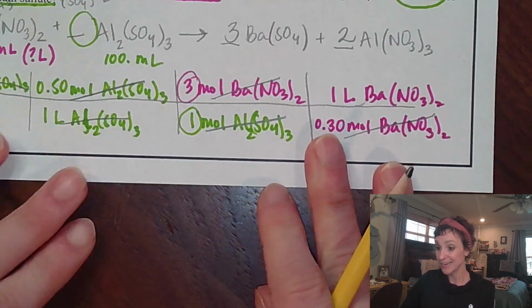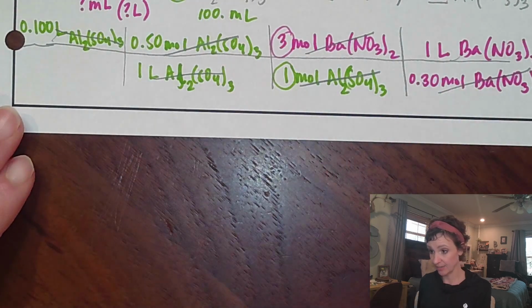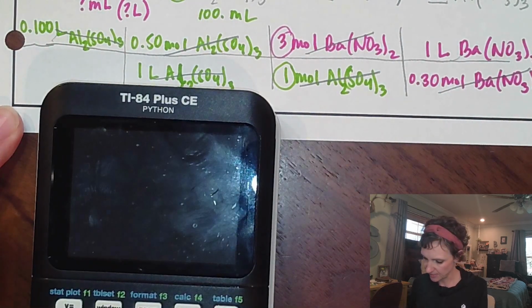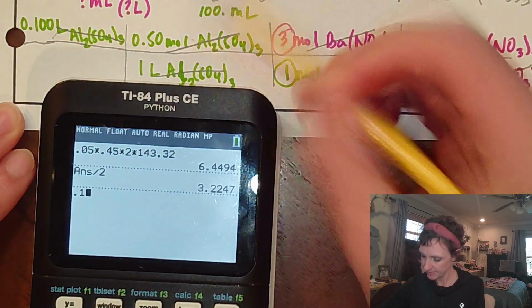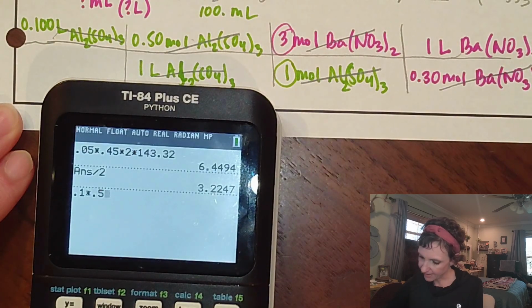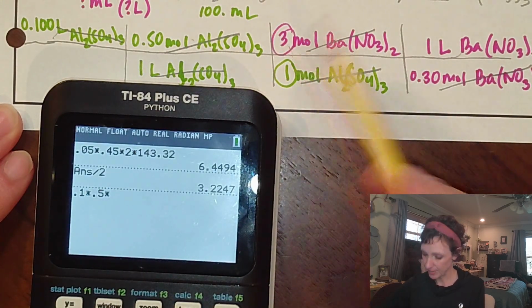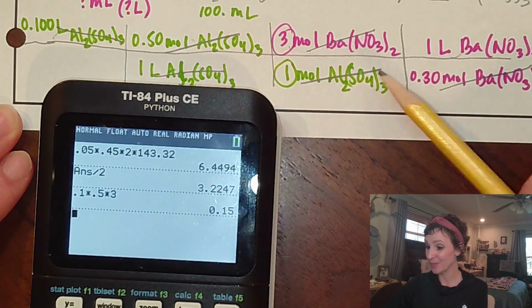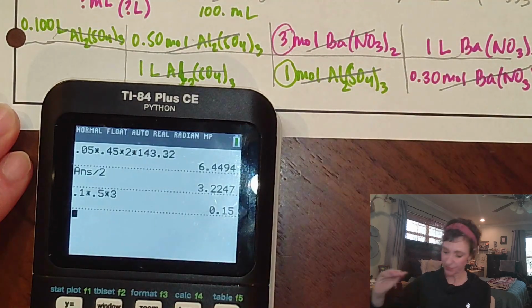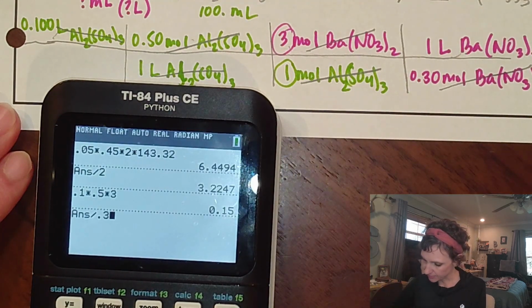Okay, so now I've got to just calculate, and that is not a big deal. We can do the hard things. We can do the calculations. So I have 0.1 times 0.5 times 3 equals, and the only thing on the bottom I have to divide that by is the 0.3. So divided by 0.3.